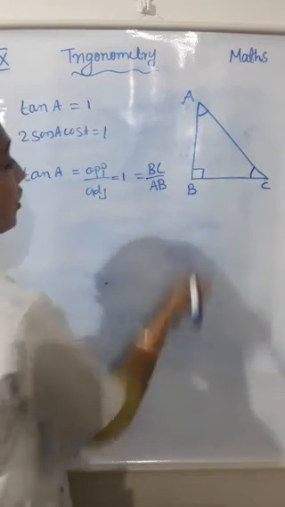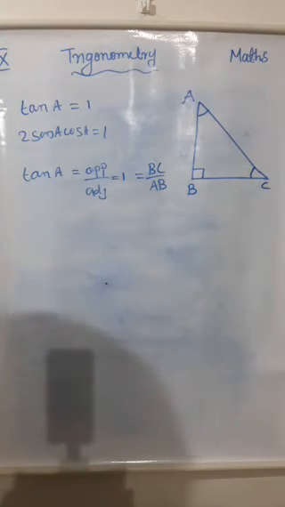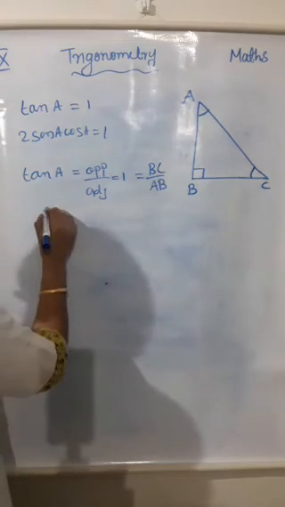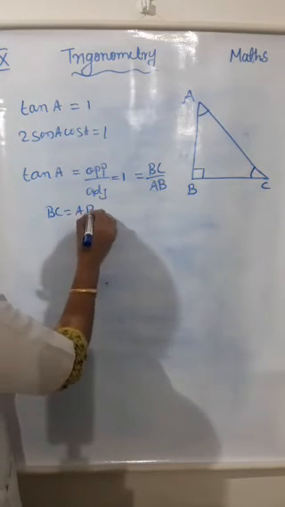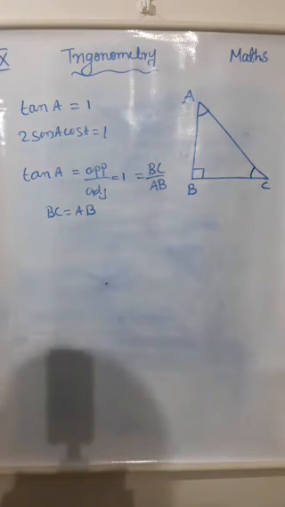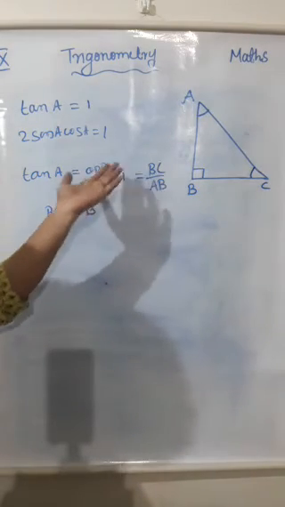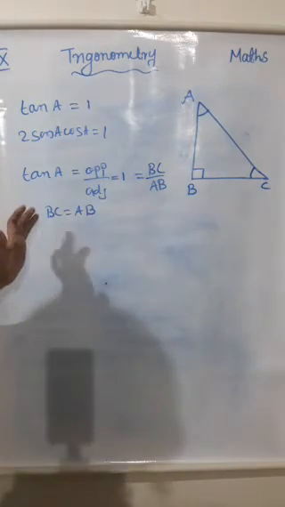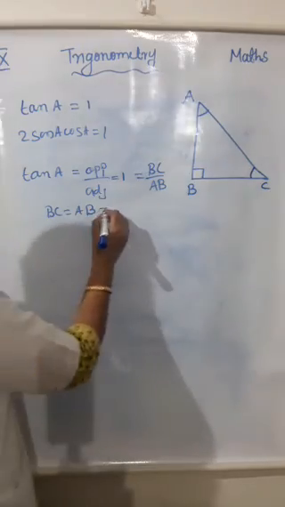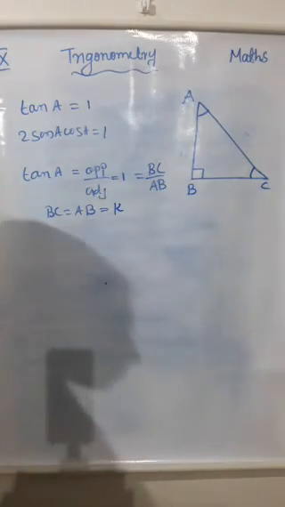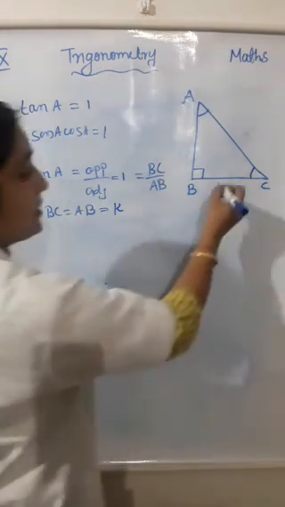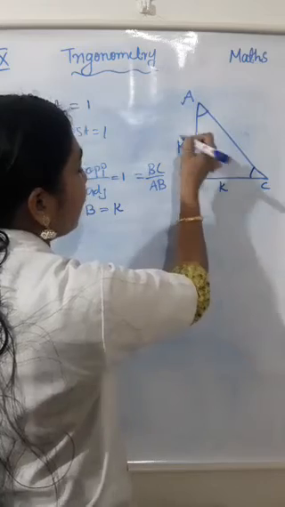Given tan A is 1, we got BC by AB equal to 1. That means BC is equal to AB. We can take BC equal to AB equal to K, a constant K.